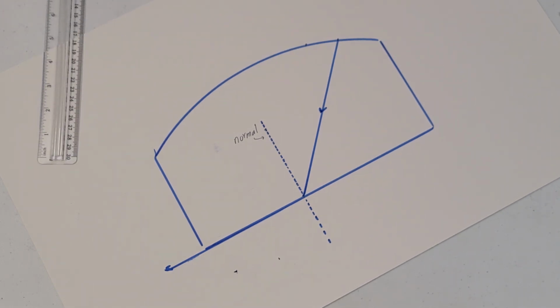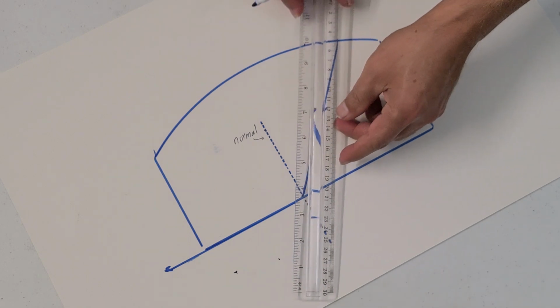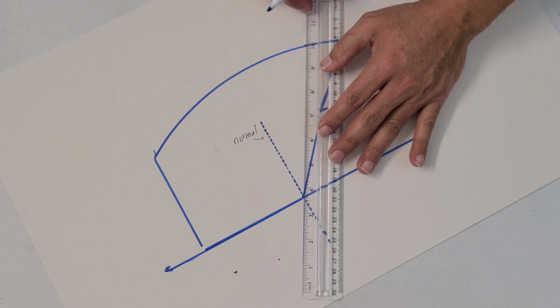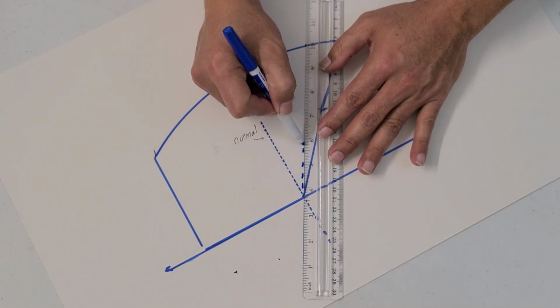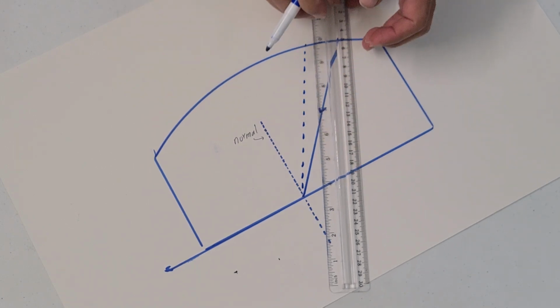We also found this angle right here. This ray. Imagine this is the situation right here. And this is what's refracted.